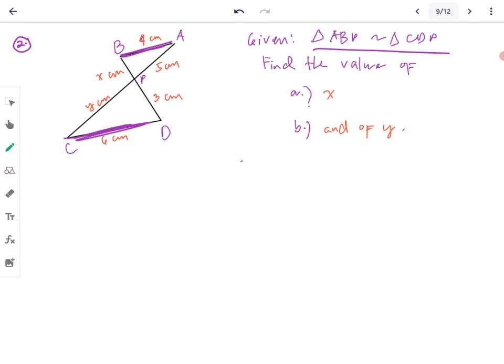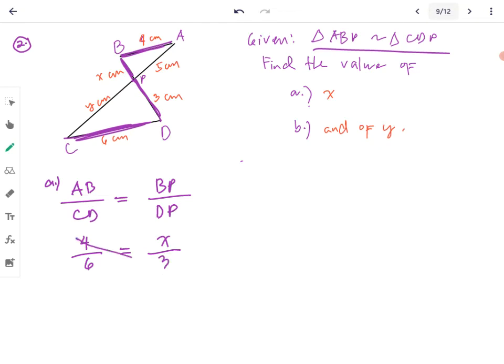So for letter A, AB over CD is equal to, if we want to look for the X part, which is the BP, that corresponds to DP. So we can substitute now our available measures. AB is 4, CD is 6, BP is X that we are trying to look for, DP is now 3.